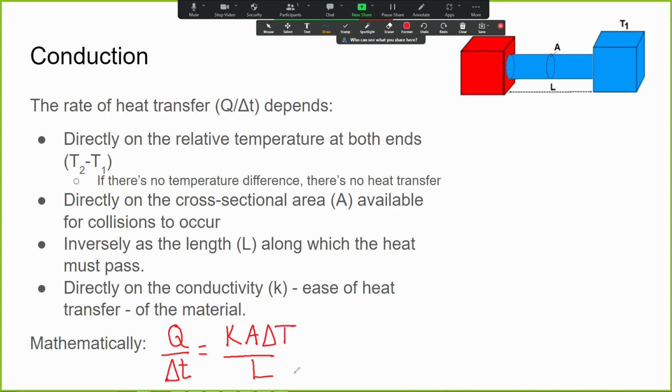Once again, it's directly proportional to conductivity, directly proportional to the cross-sectional area available for collisions to occur, and directly proportional to the relative temperature at both ends, whatever T2 minus T1 is, under the assumption that T2 is the hotter temperature. If T1 were greater, do T1 minus T2, or you could just take an absolute value. It doesn't really matter. Hopefully that makes sense.